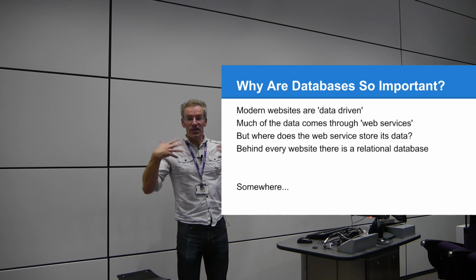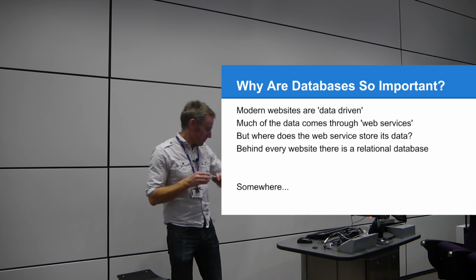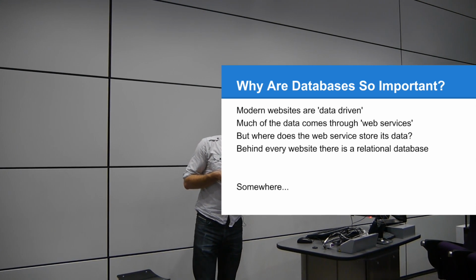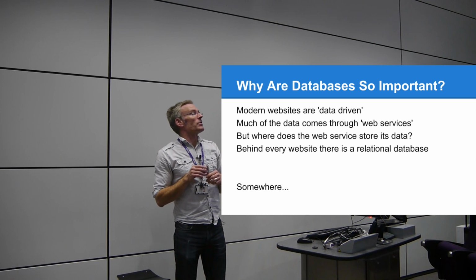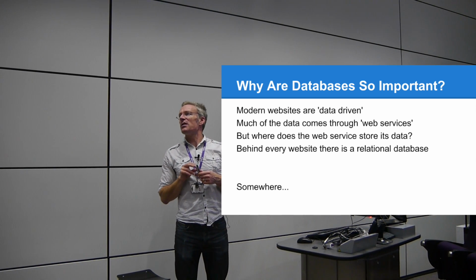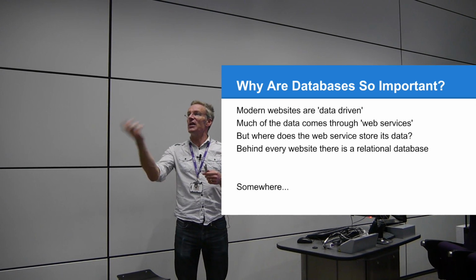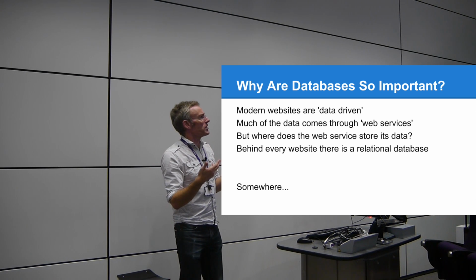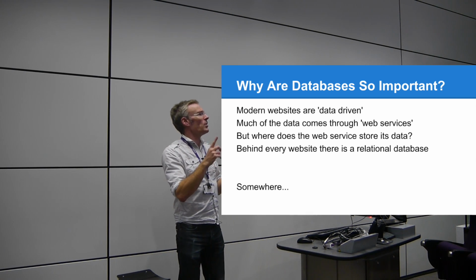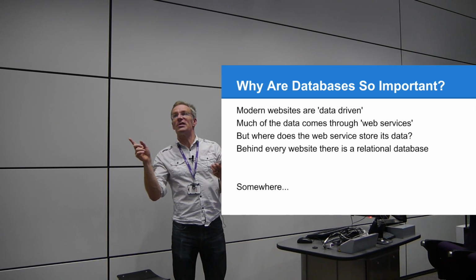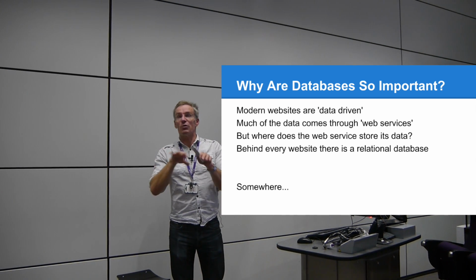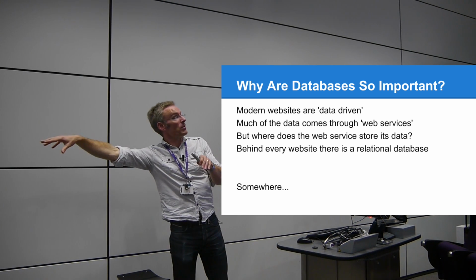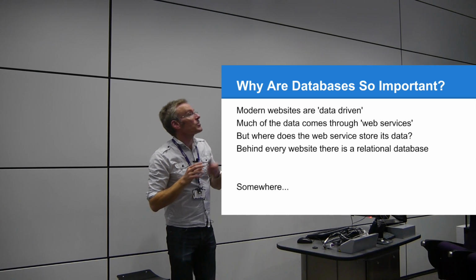So you need to understand how to work with databases. Now, sometimes you get web services, like Flickr API and Facebook and Twitter, all these APIs you work with. So you're working with an API, you're not working with a database. Or yes, you are, because Twitter will have a database somewhere, won't it, storing the data. You're just working with an API, which then stores the data on a different database. So you need databases.